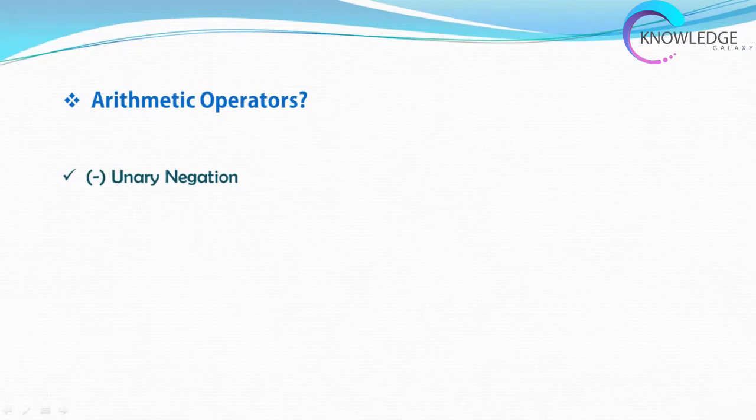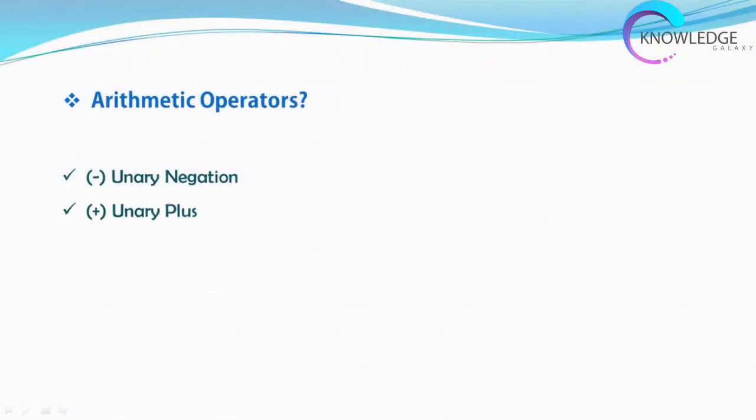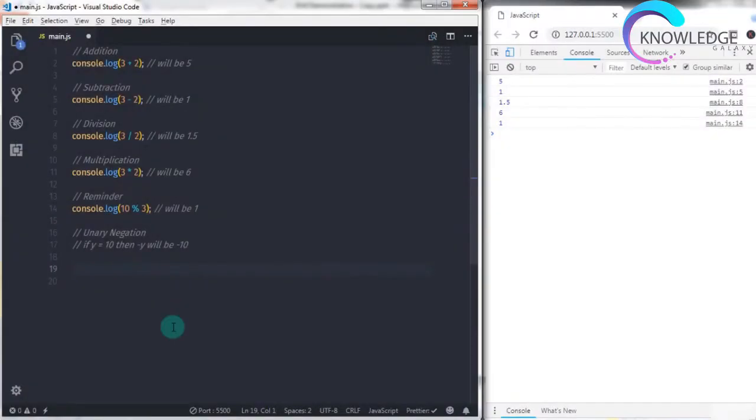Next, unary negation. For example, negative y. It means if y is equal to 10, then minus y will be minus 10. This operator evaluates right to left. Next, unary plus. It is plus y.